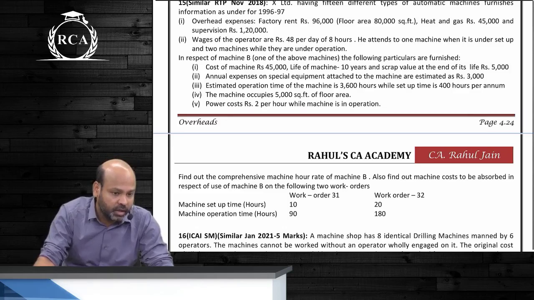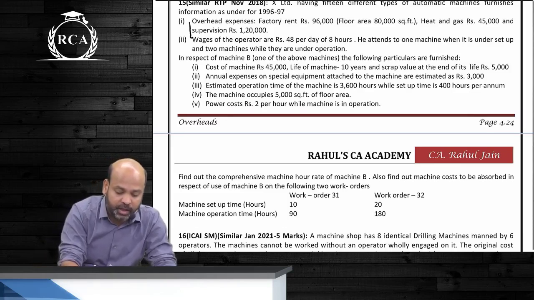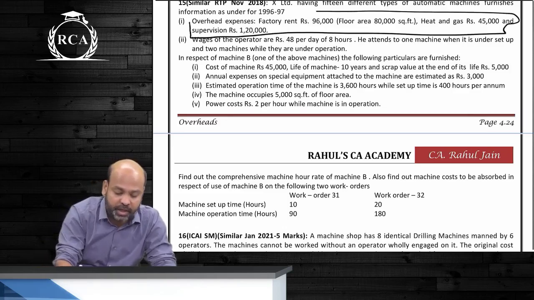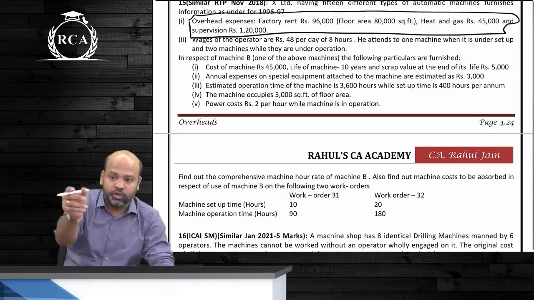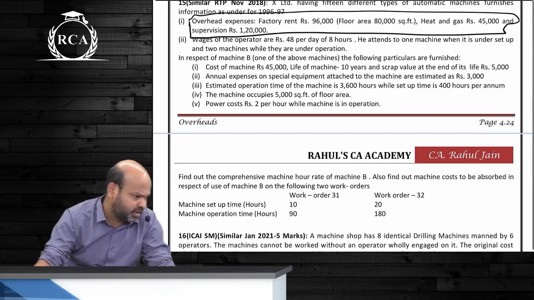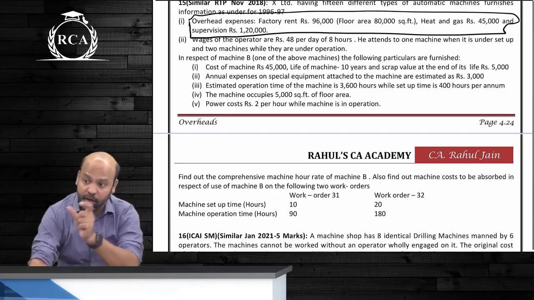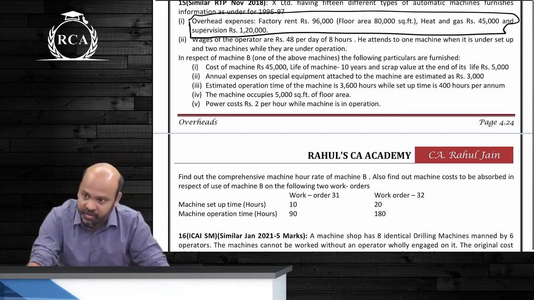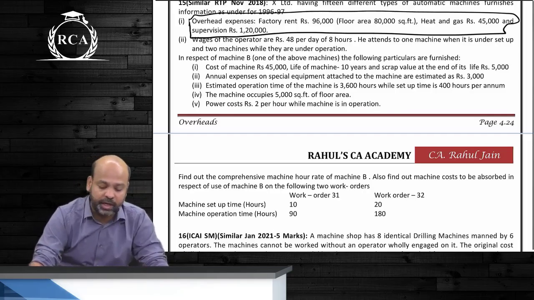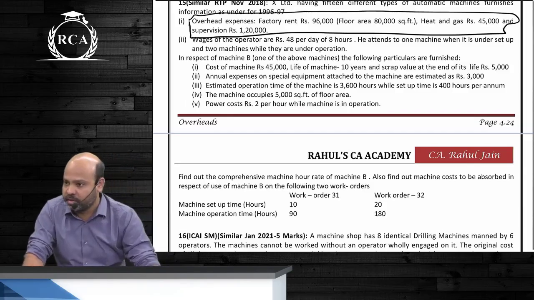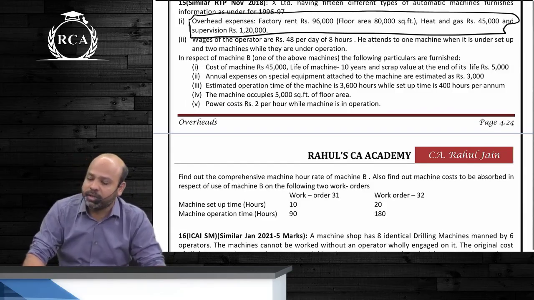Can I? These expenses, point number 1, are they only for one machine or are they for the entire department? You just told me that the share of factory rent is 6,000. Did you not allocate that factory rent to this machine guys? Likewise, I will have to allocate heat and gas and supervision. How do I allocate that?